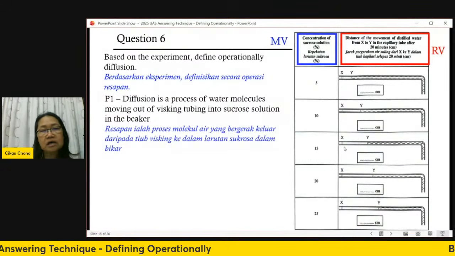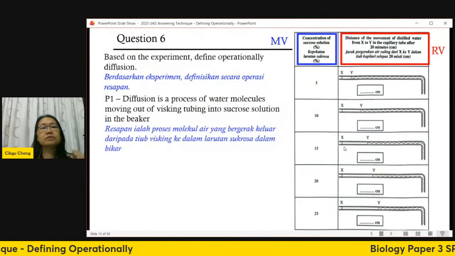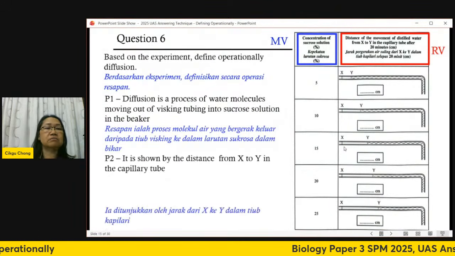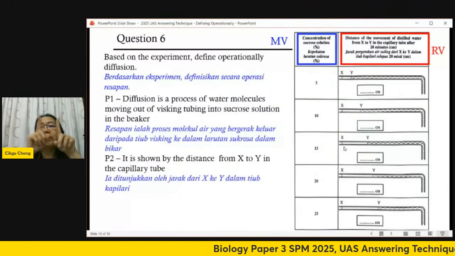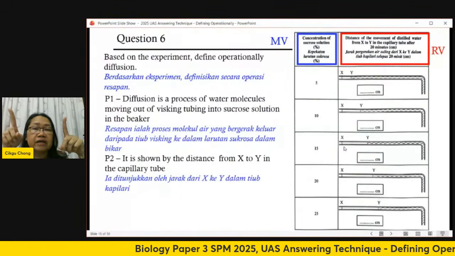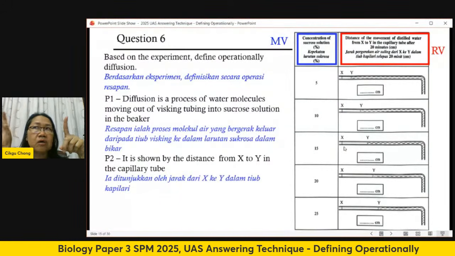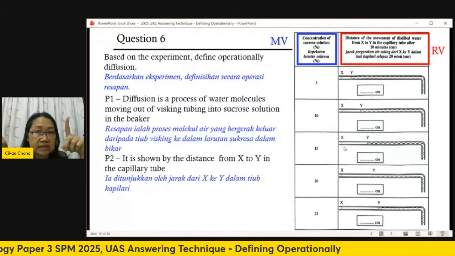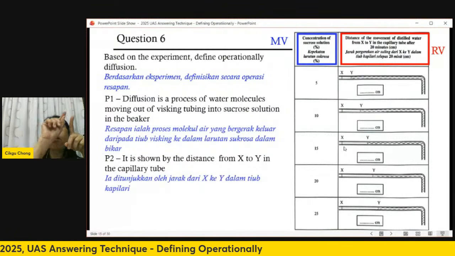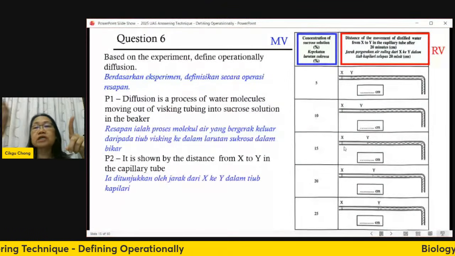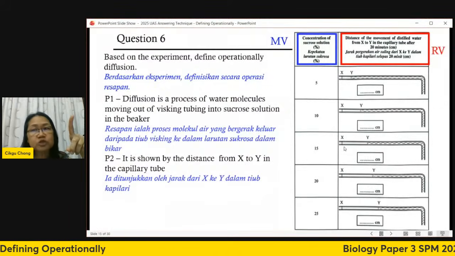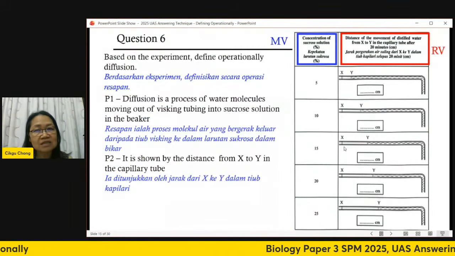Next, second point. It is shown by what? Shown by the distance from X to Y. The more concentrated the sucrose solution is, the more water will be going into the Visking tubing to replace the water that is lost, the water that came out.